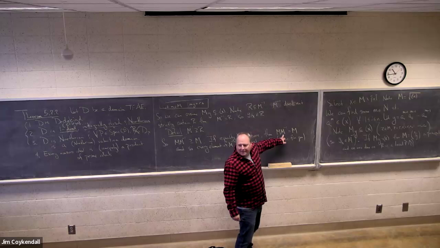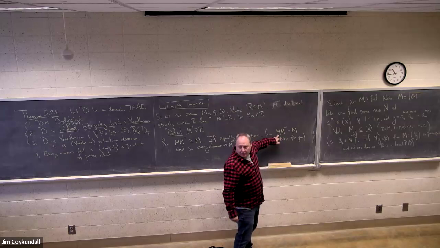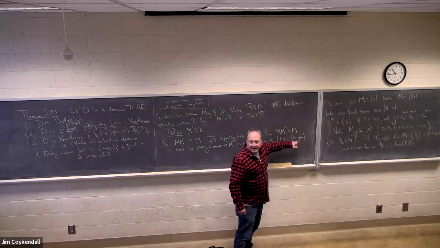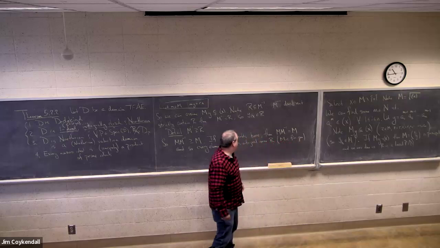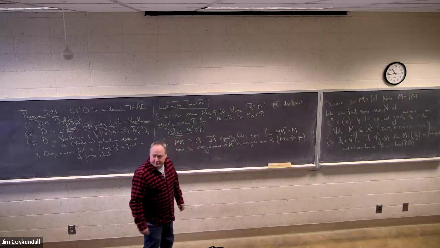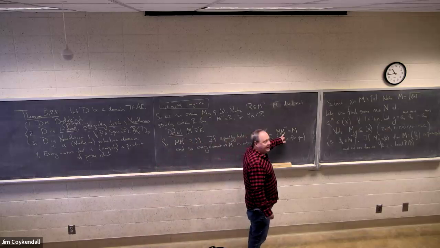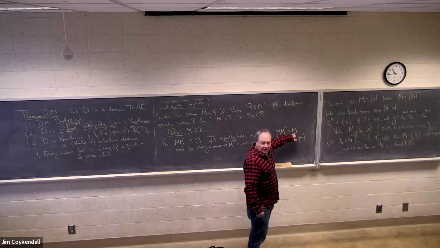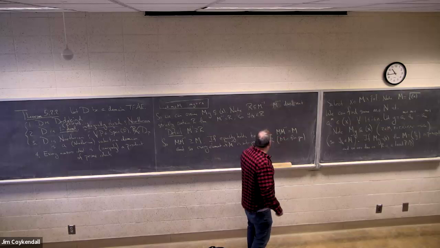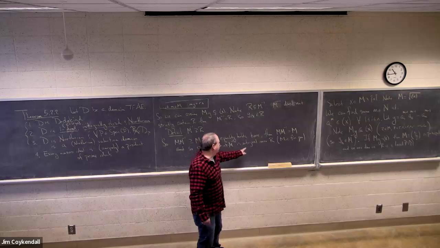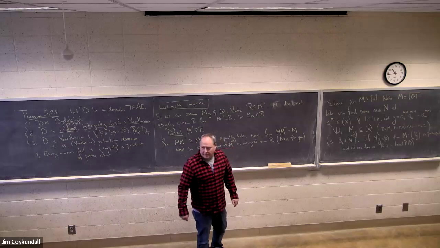So take an arbitrary lambda in M inverse, there's your module. Lambda times M is contained in M. Alright. Everybody okay with that? So anything in M inverse times M is still the finitely generated module M. So that means that every element of M inverse is integral over R.